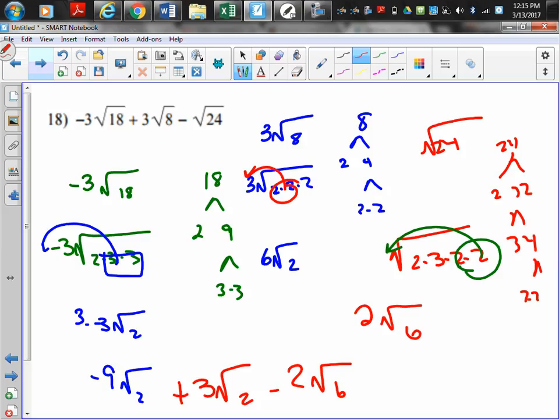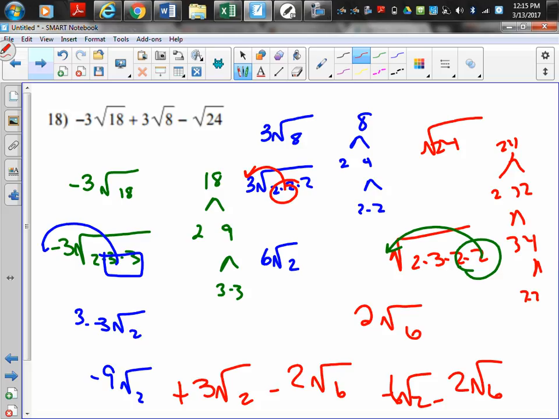I put 2 times 6, and you can get the same answer. So what can we put together? The negative 9 and the 3. So negative 9 plus 3 is negative 6. So we have negative 6 square root of 2 minus 2 square root of 6.